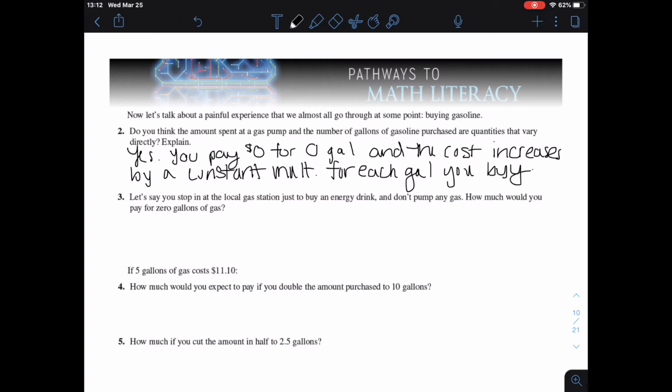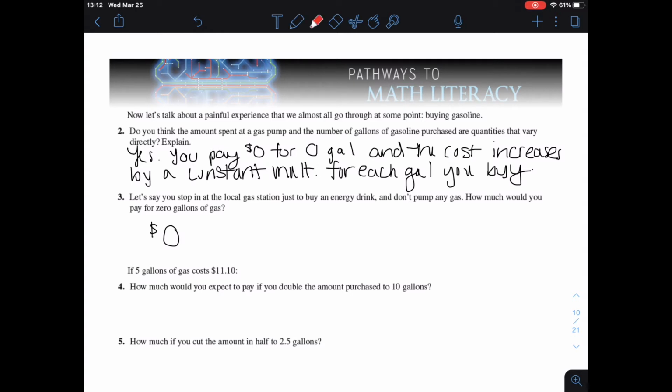So you have a fixed fee that you're going to pay for a gallon, okay? Now let's say you stop in the local gas station to buy an energy drink, but you don't pump any gas. How much would you pay for 0 gallons of gas? Well, you didn't buy any gas, so you're still going to pay $0.